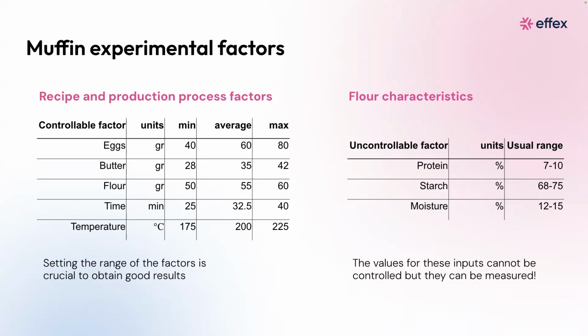So importantly, the factors that you see on the left-hand side are controllable factors. This means that we have the freedom to change the factors within the range that we specify, while the factors on the right-hand side are uncontrollable. So we cannot decide the exact values for the protein, starch, and moisture content, but we can measure them.